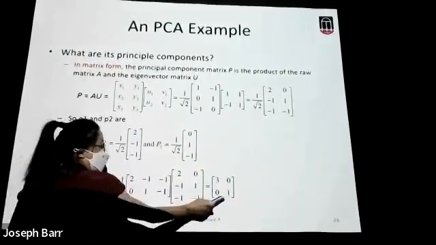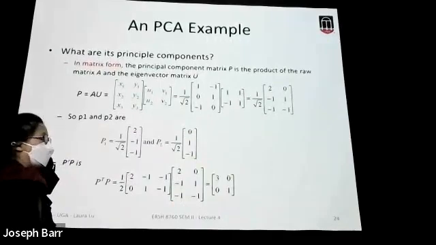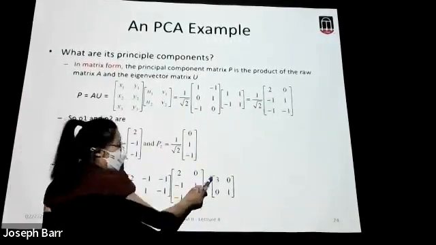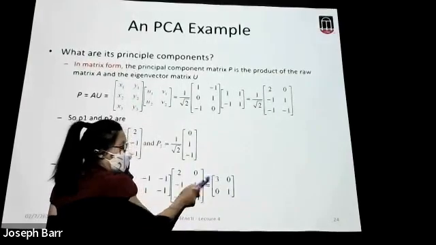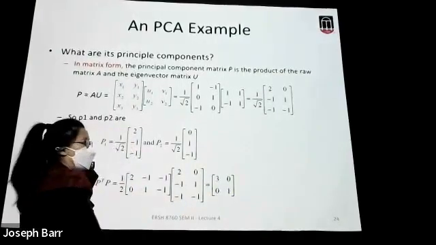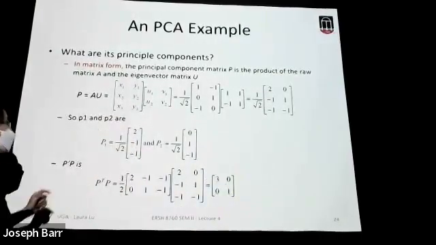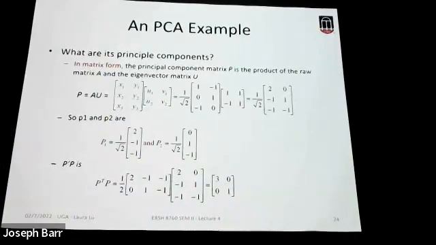So finally, we have the diagonal matrix of eigenvalues. These are the diagonal elements, the eigenvalues. The first eigenvalue is 3. The second eigenvalue is 1. It's diagonal. So we just verify this eigen decomposition by using the eigenvectors.